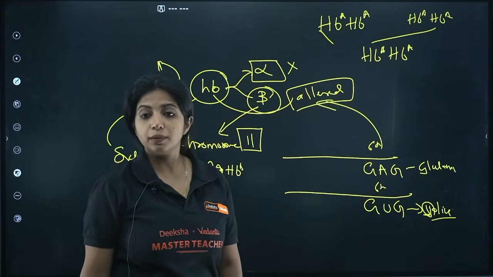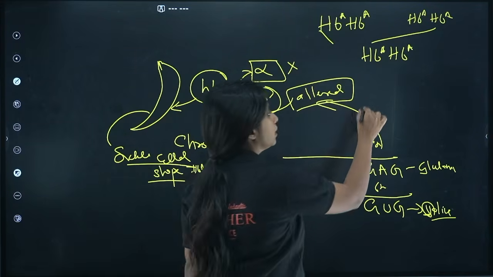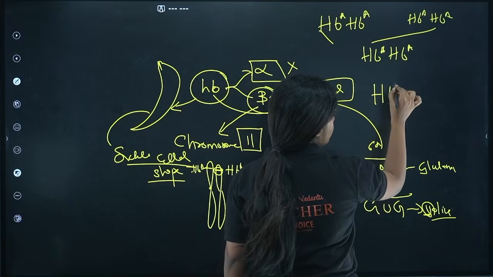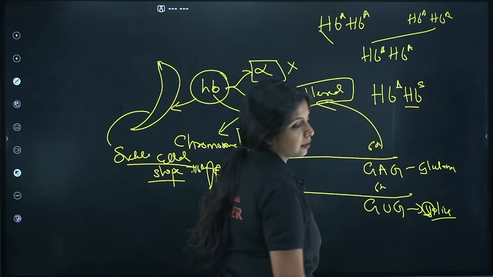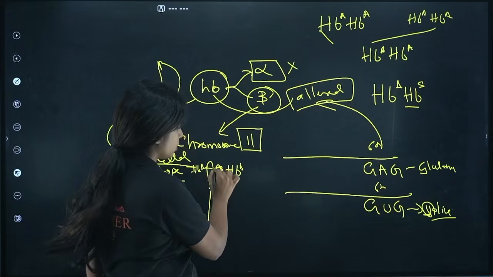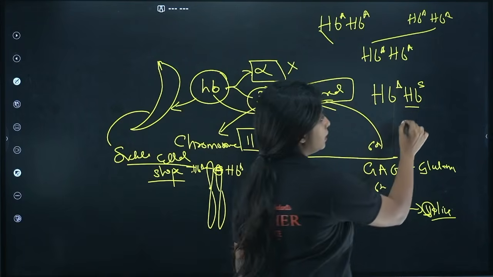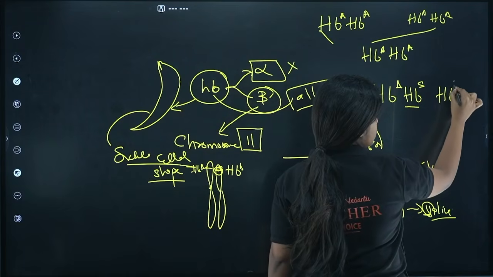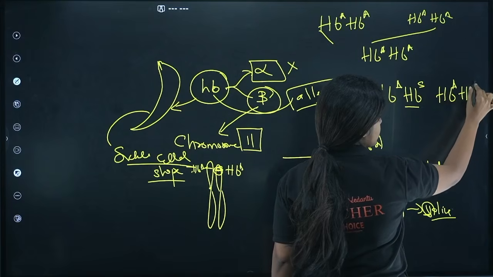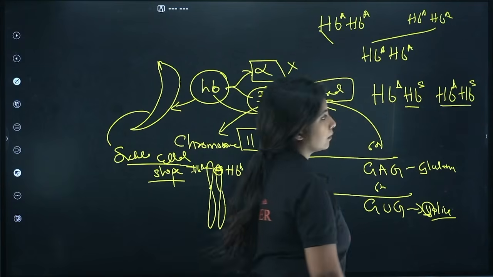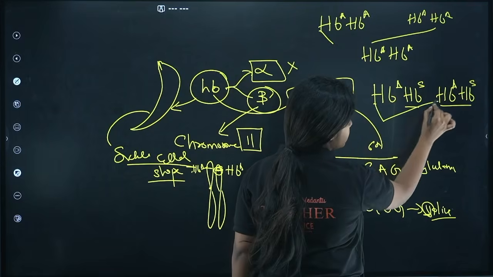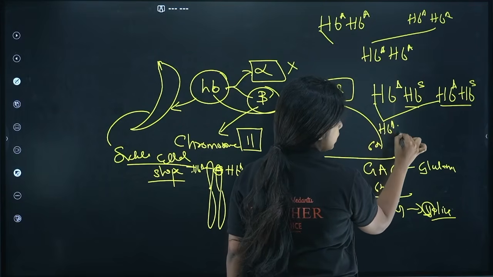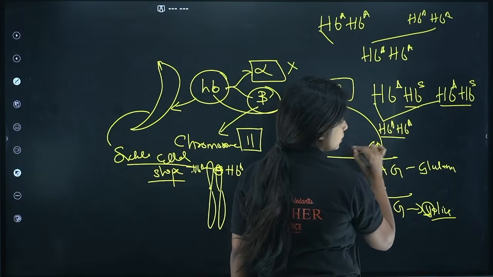Now let's talk about a person who is a carrier. A normal gene is there, but an affected gene is there, suppose on chromosome 11. Similarly, you have another parent who is also a carrier. Now if you cross, let's see what you get. Crossing this and this, you get HBA, HBA, normal.